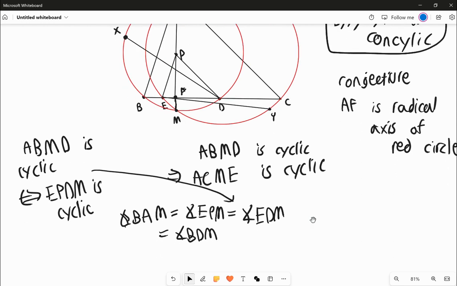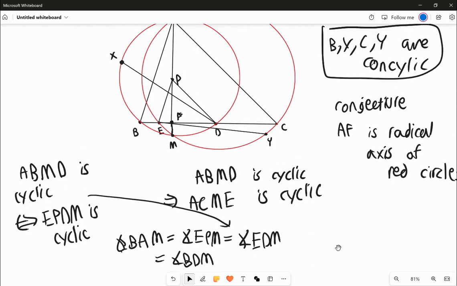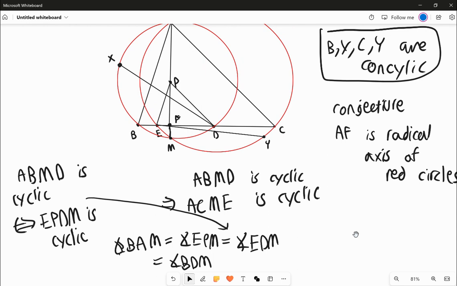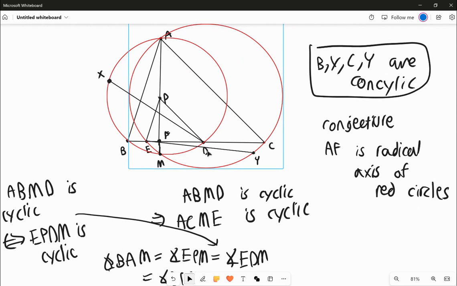It is equal to directed angle BDM. So what we've shown is that BADM is cyclic if and only if EPDM is. And similarly, AEMC is cyclic if and only if this quadrilateral here is cyclic.